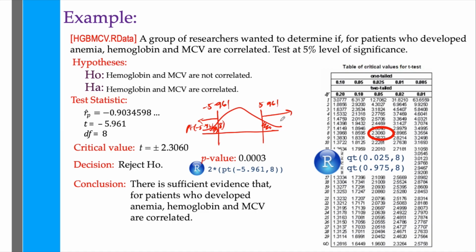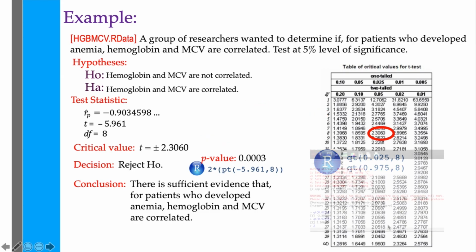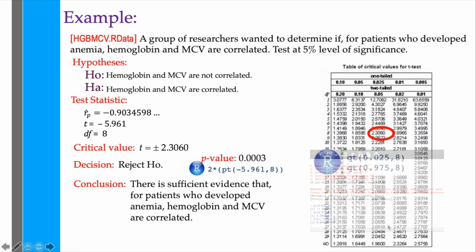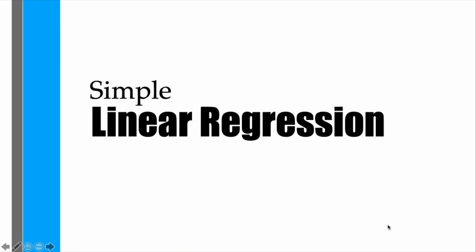And this one is 1 minus pt(5.961, 8). Again, the reason for this 1 minus is because the total area here is 1. And this quantity is just from this point to the left. So since the p-value is less than the alpha, which is 0.05, then we're going to reject the null hypothesis. So that's about the correlation.